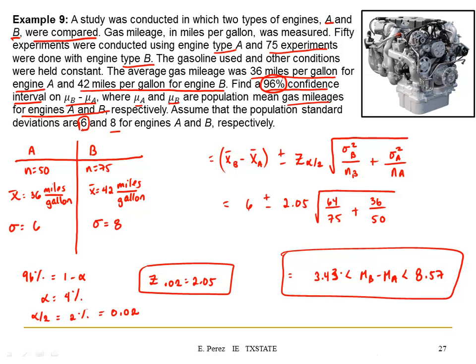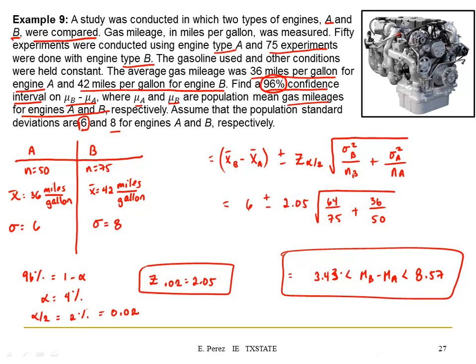The confidence interval is for the difference between the population means. So what we're saying is the difference between the mean of population B and population A will be between these numbers. So the highest difference will be around 8.57. Any questions?